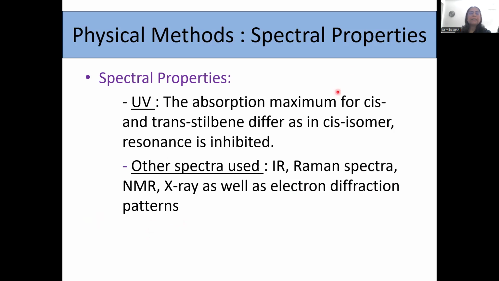Now, all these spectra can differentiate between cis and trans isomers. So, for example, in NMR also you can differentiate between cis and trans isomer. In UV also you can differentiate between cis and trans isomer, etc.